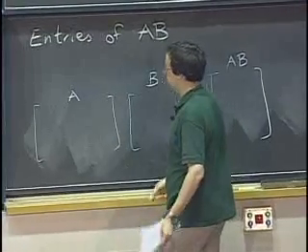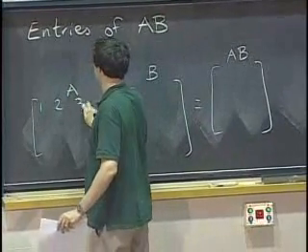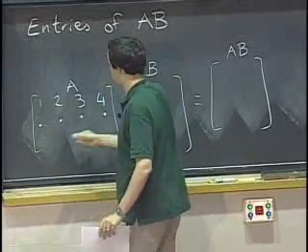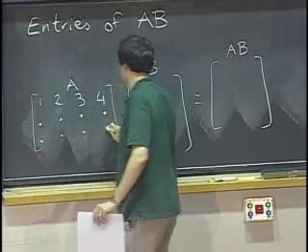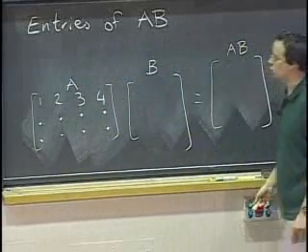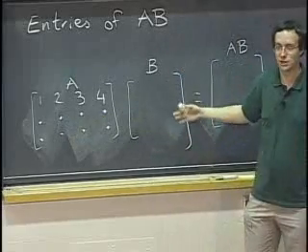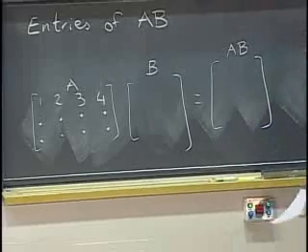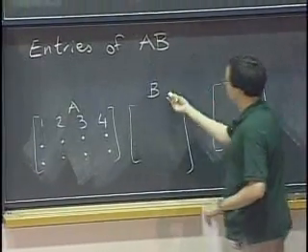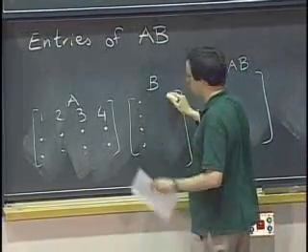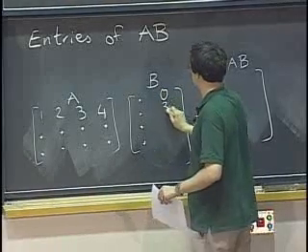Well, let's say, for example, that A, this works in any sizes. So let's say that A is a 3 by 4 matrix. So it has 3 rows, 4 columns. And here I'm not going to give you the values because I'm not going to compute everything. It would take the rest of the lecture. So, and let's say that B is maybe size 4 by 2. So it has 2 columns and 4 rows.